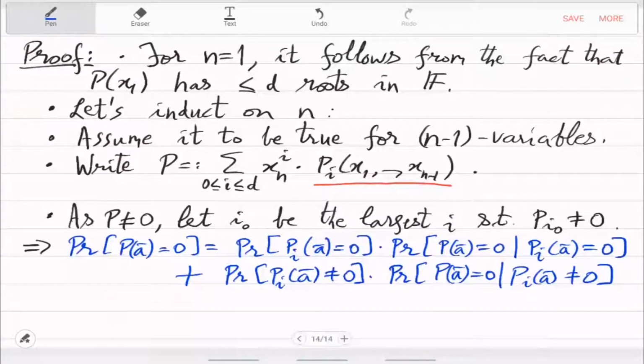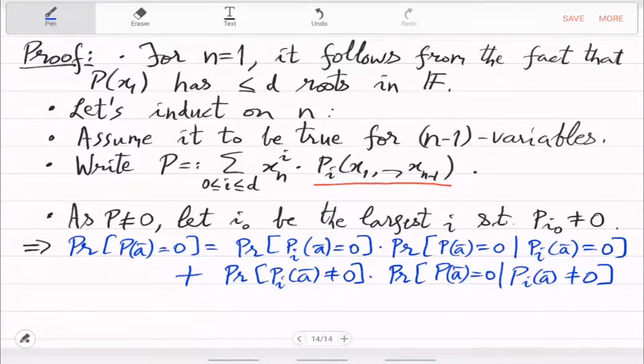So we are basically dividing the event into exclusive events. One event is Pi vanished, the other event is Pi did not vanish, and then we are conditioning the event P(a bar) equal to 0 with respect to these two exclusive events.